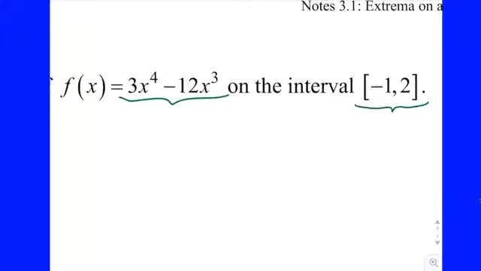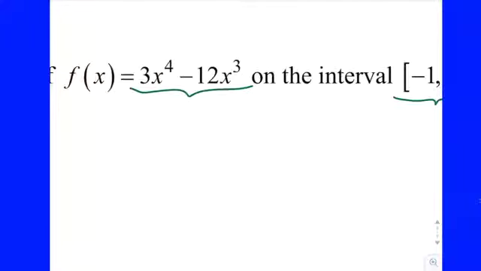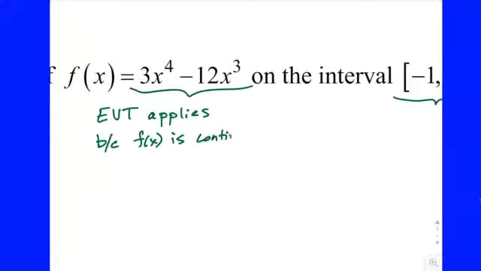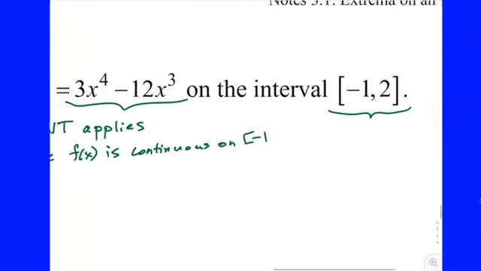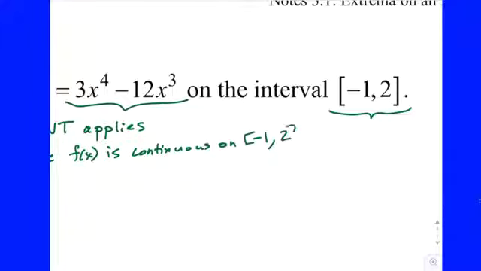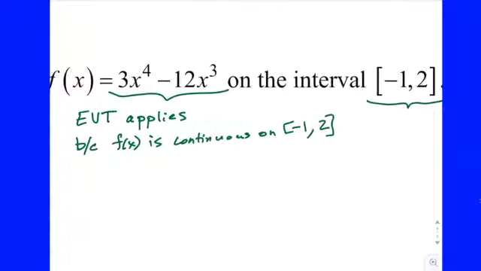So we have a closed interval from -1 to 2. The EVT applies. So all we have to say is EVT applies because f of x is continuous on the closed interval from -1 to 2. Just like when we had the IVT, you can make kind of a blanket statement like f of x is continuous for all real numbers.